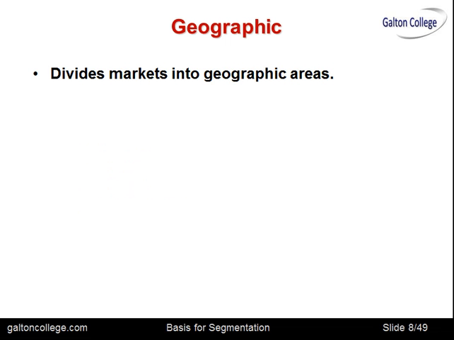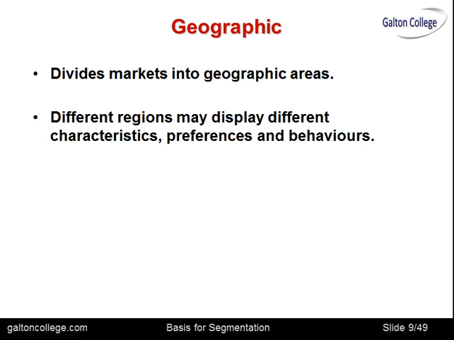Now, it divides the markets into geographic areas. Different regions may display different characteristics and preferences and behaviours, so that the segmentation and the product variation to meet the customer needs within that segment may have to be tweaked in such a way as to address the needs specifically.